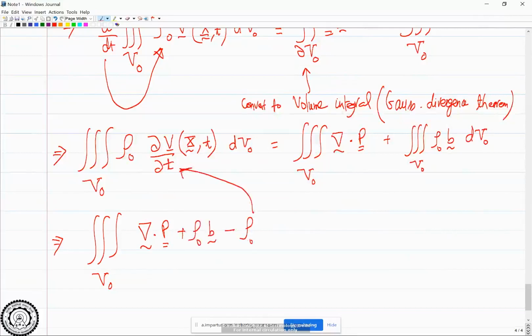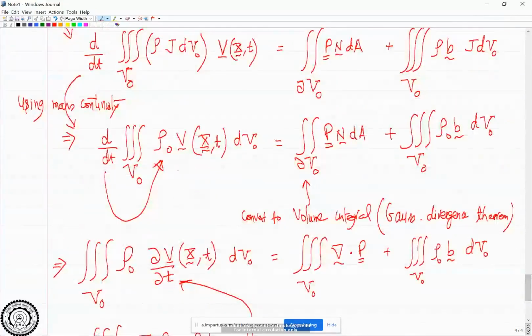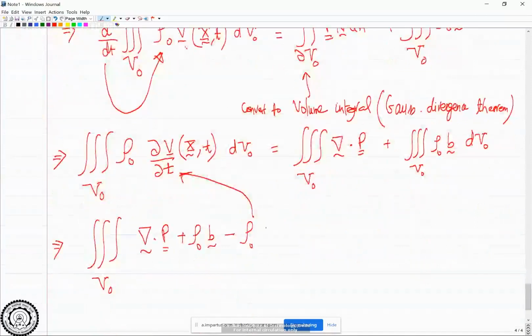Exactly, so this is del V del T at fixed capital X. So when you fix your capital X, then you are looking at acceleration, and this is what it is originally. You have to do d/dt of this velocity here. So what you get is acceleration, and because it is Lagrangian, I'll use capital A, dV naught.